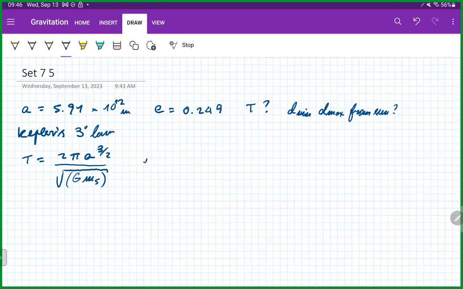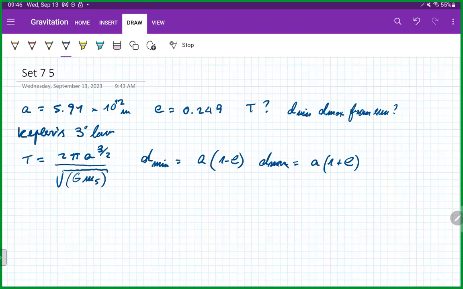And then you have D min, that's a times 1 minus eccentricity, and D max, just a times 1 plus eccentricity. And this is basically getting the numbers there, right?